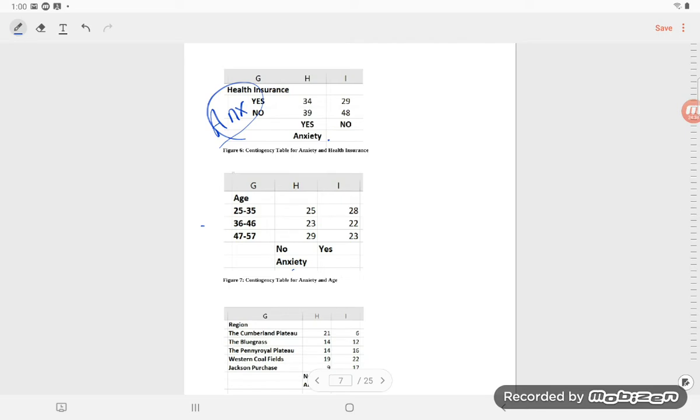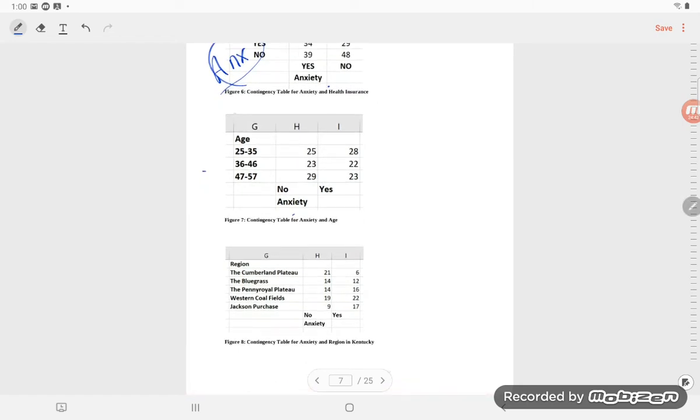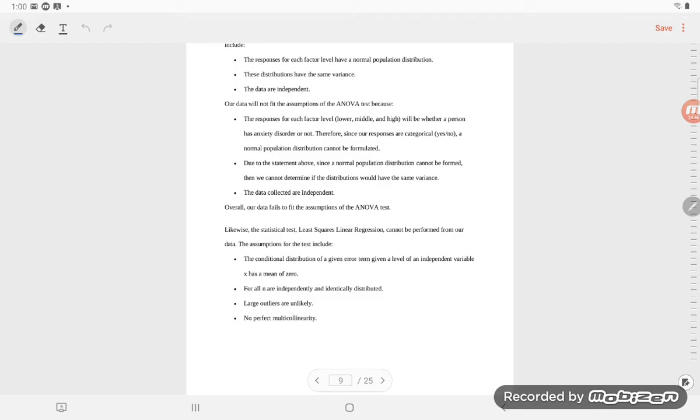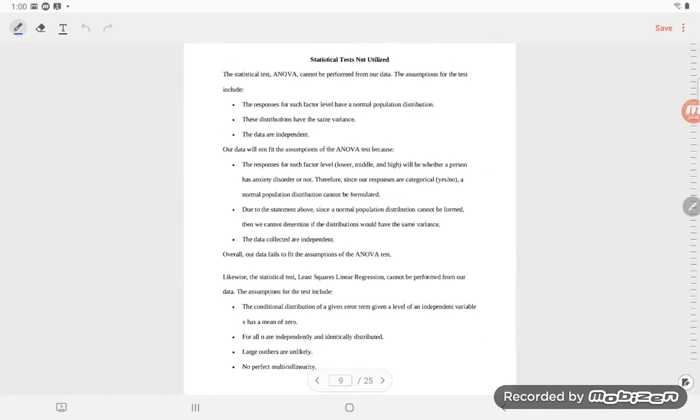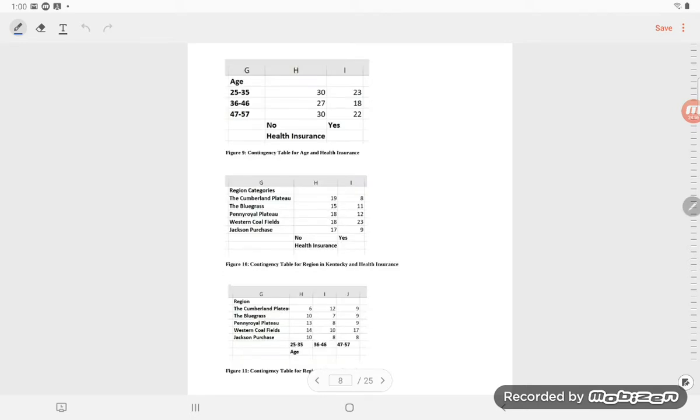There's nothing in particular with contingency tables. There's nothing to say one way or the other. But so, there they have each of these tables. Okay, and so they went through all of those. And so that's great. They should have said more about them, right?